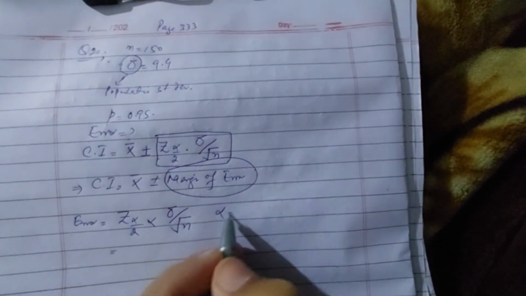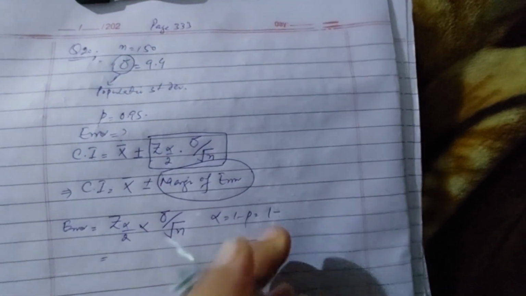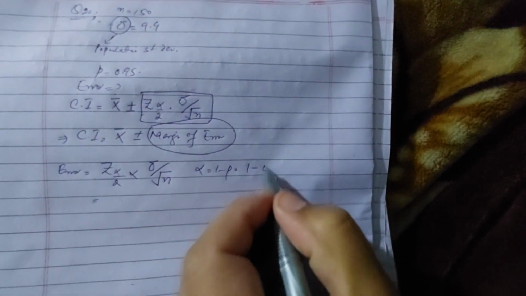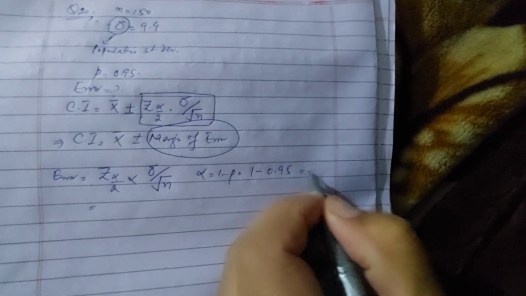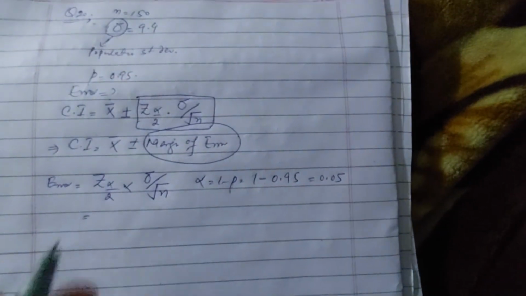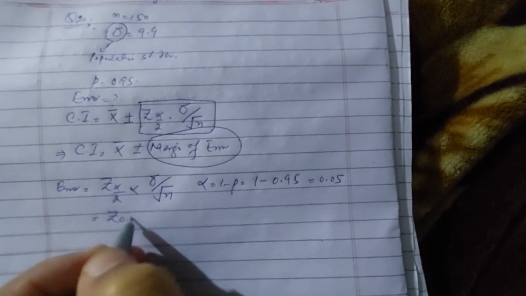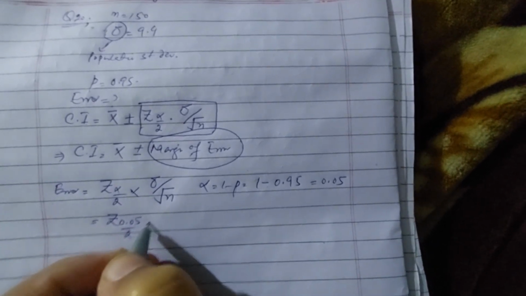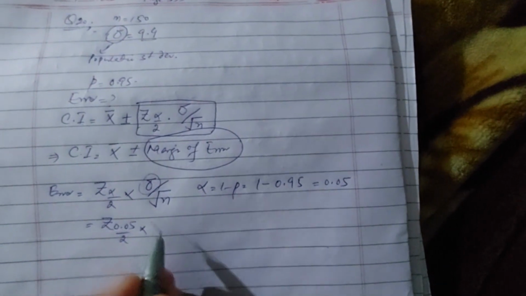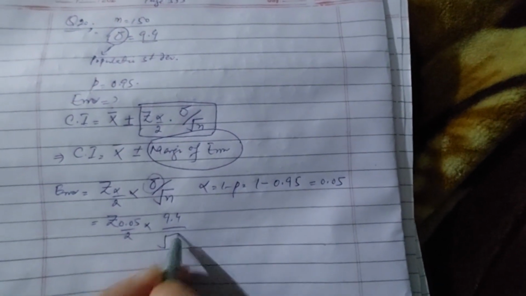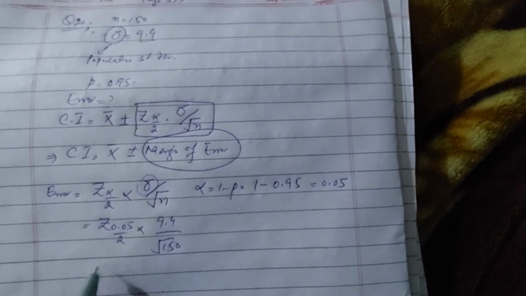So alpha is equal to 1 minus p, which is 1 minus 0.95, so it comes 0.05. So z of 0.05 divided by 2 multiplied by standard deviation 9.4 divided by under root 150.